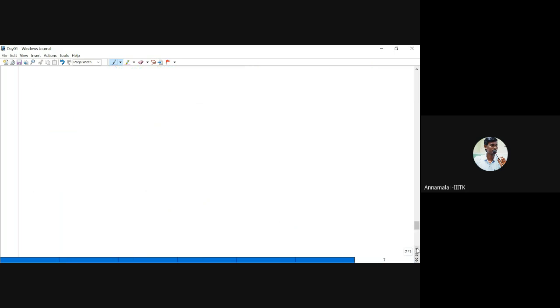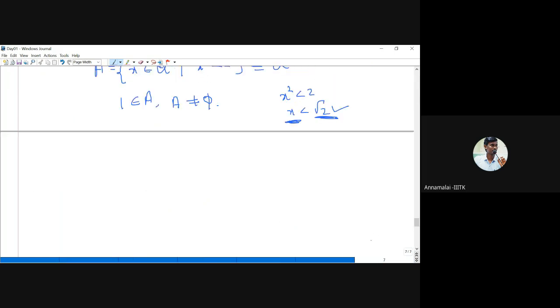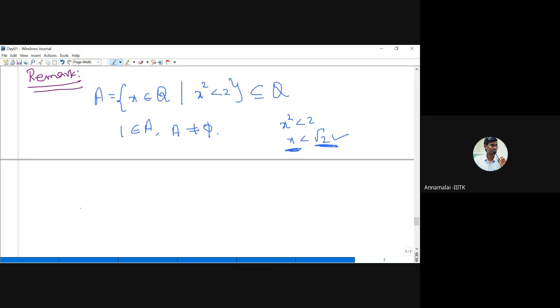Therefore we have one upper bound, namely root 2, so A is bounded above in R. Now what we have to prove is that A has a least upper bound, but the least upper bound does not exist in Q.